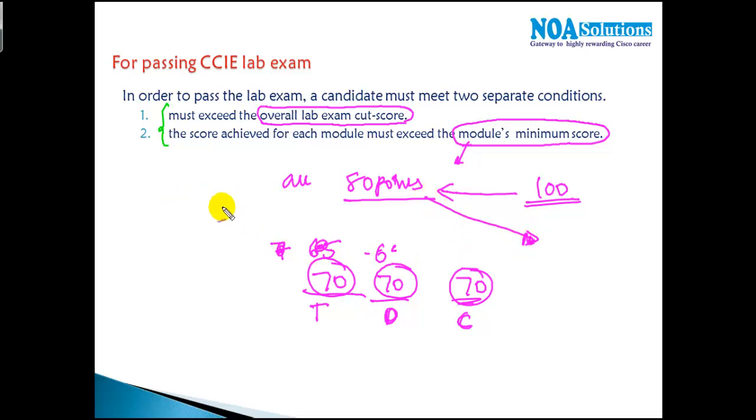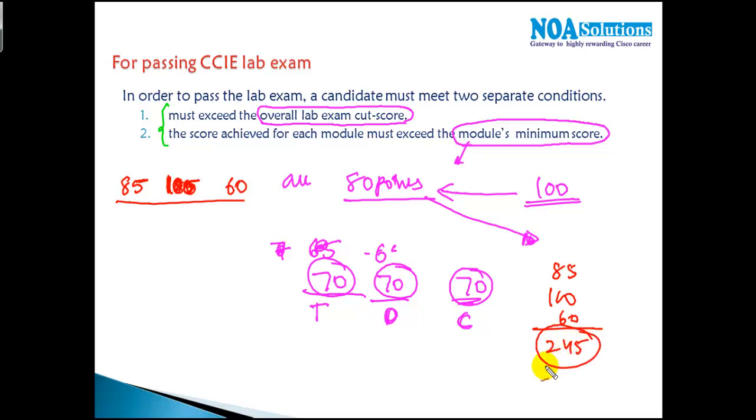Let's take an example. I'm getting a score of 85 in the troubleshooting section, 100 in the diagnostic section, and probably just 60 in the configuration section.